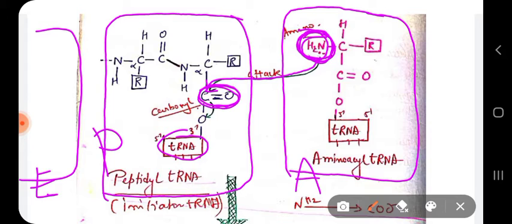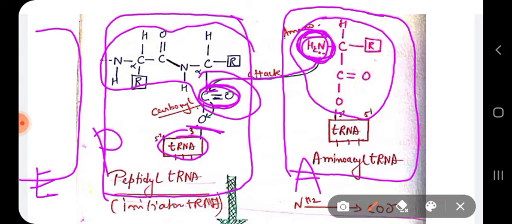which leads to the breakage of the bond with the tRNA and the formation of a peptide bond between the amino acid on the aminoacyl tRNA and the remaining peptide chain of the peptidyl tRNA. This reaction is called the peptidyl transferase reaction.